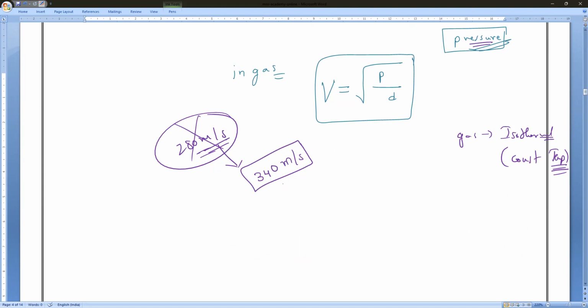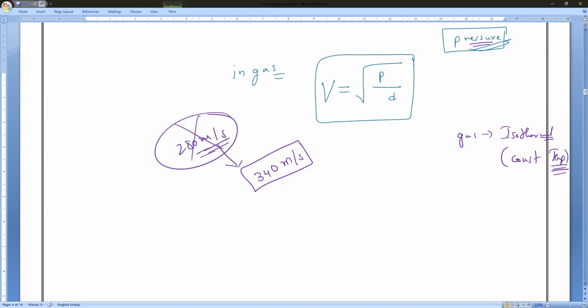The velocity of sound in a gas as assumed by Newton and calculated from his formula is found to be wrong and gives a wrong value. So later it was calculated properly.